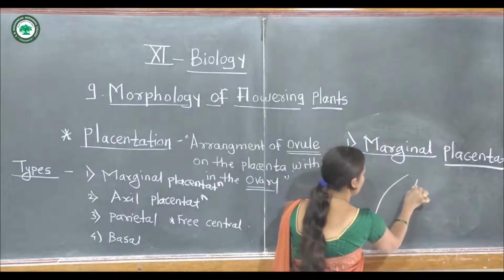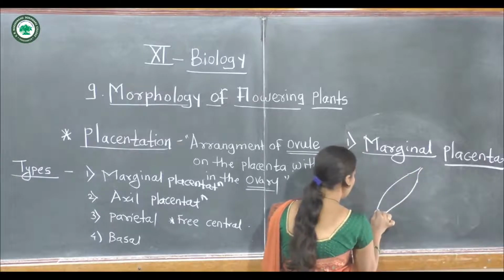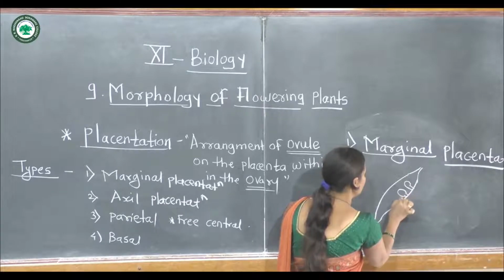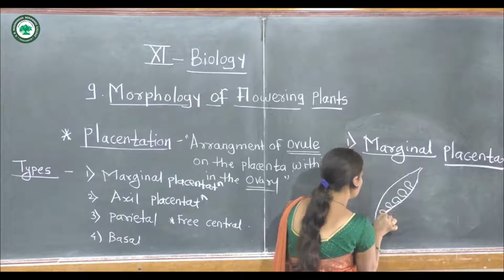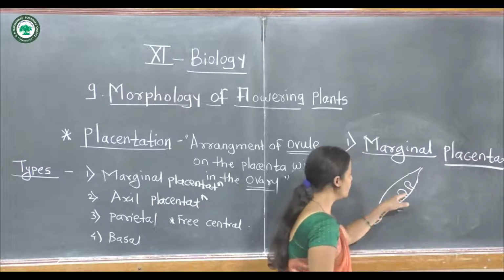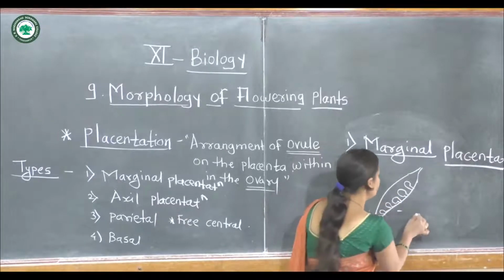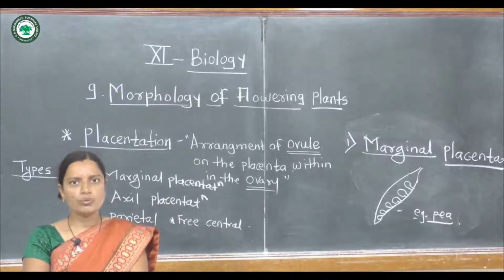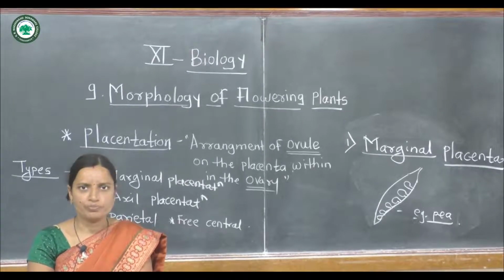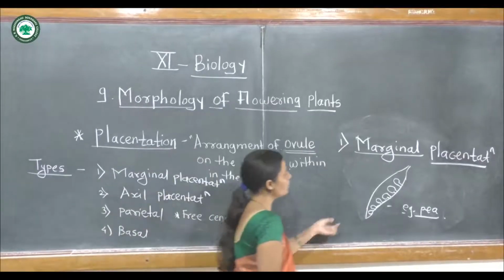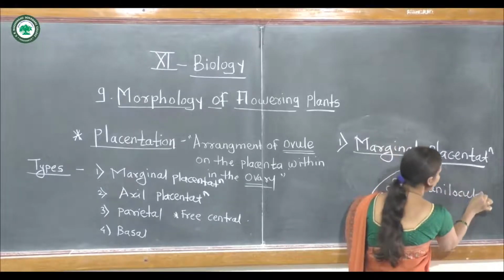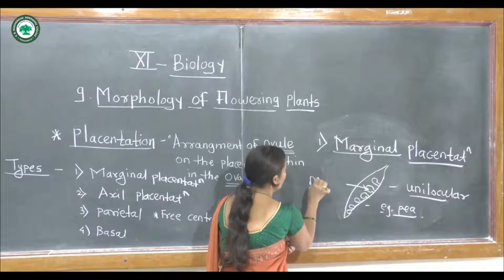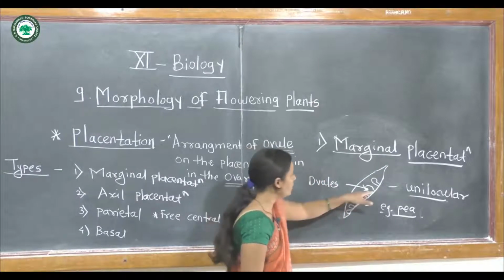In pea plants, the ovary is unilocular and the many ovules are arranged at the marginal region.